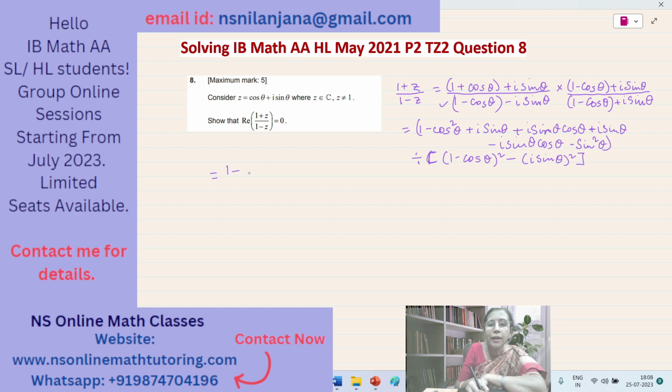It is 1 minus cos square theta, and then these are all containing i's, and this is minus sine square theta. We are having only 3 terms from the numerator which do not contain i, so I have written that. This is divided by (1 minus cos theta) whole square.